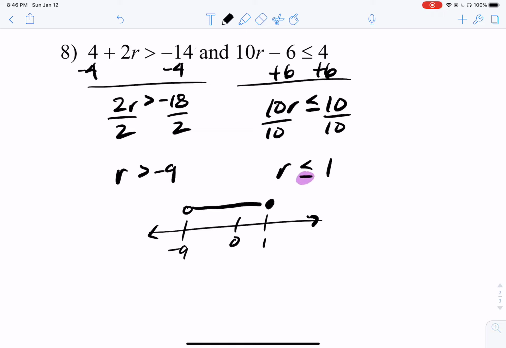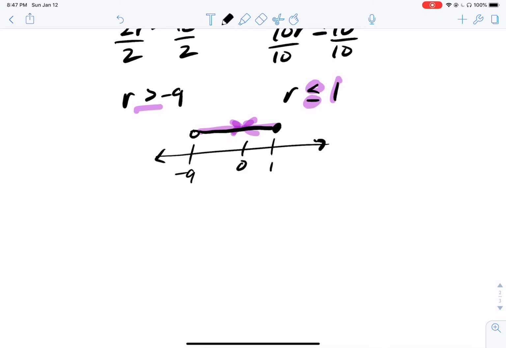And again, we would connect them together because the numbers greater than -9 are to the right, and the numbers less than 1 are to the left. So the graph will look like that. But I want my answer in interval notation, so I would use a parentheses on the negative 9 and a bracket on the positive 1.